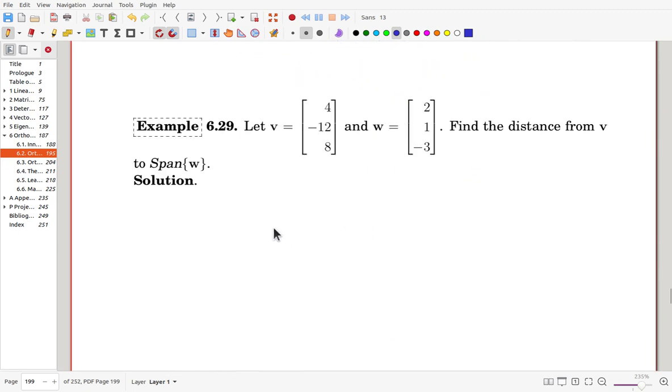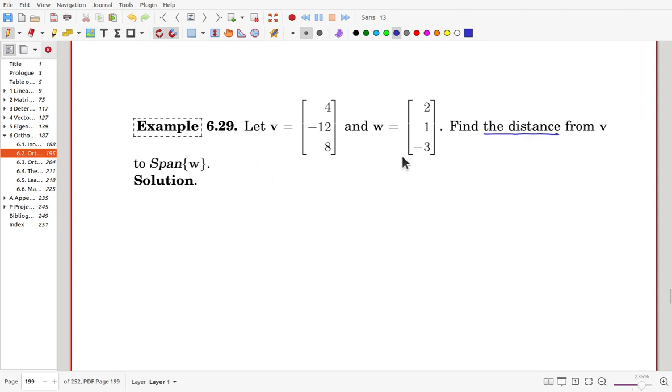Now we can expand the notion to general dimensional vectors. We'll deal with one more here, so that we have to find the distance. So we have to decide z and the norm of z. That's the goal.